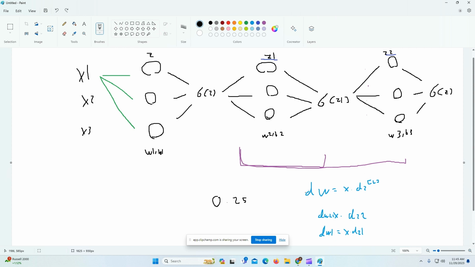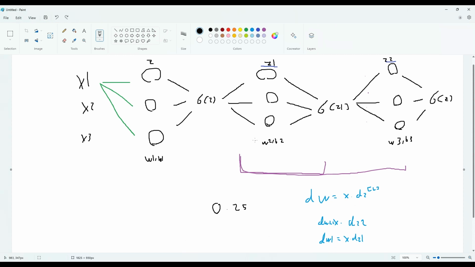And if you remember how the derivative of our z's are calculated, of our activation, of our inputs or outputs, that's going to be some weight layer times the derivative of the z after, right?